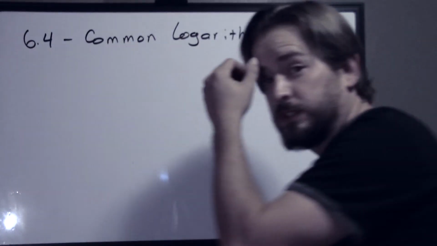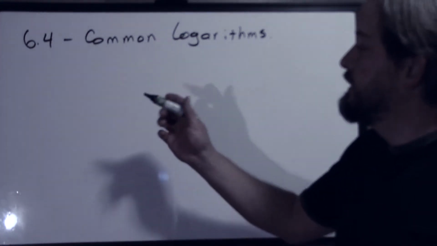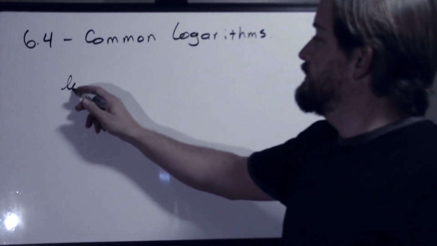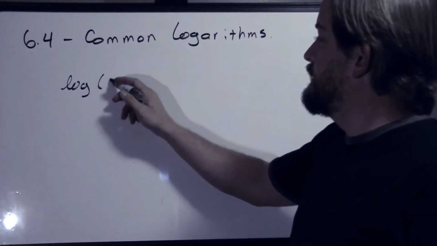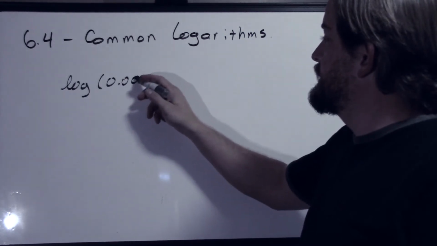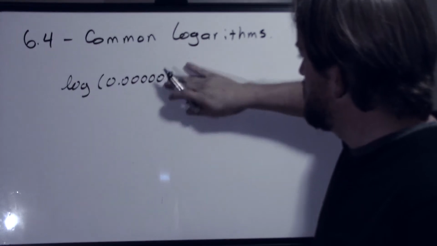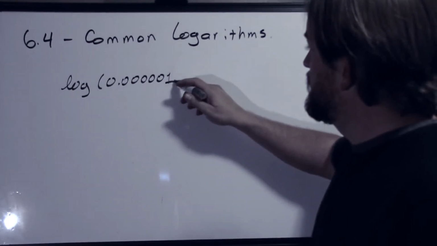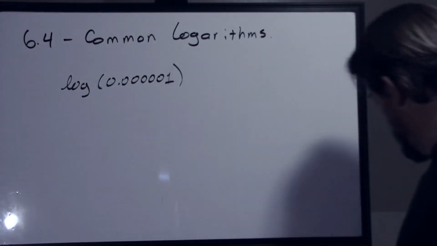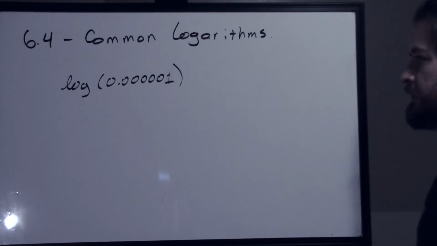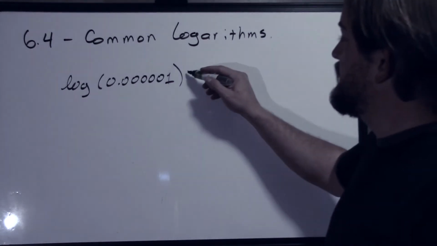We might also see things like, say, log of 0.000001, perhaps. If I want to evaluate this, I again say this is equal to something.